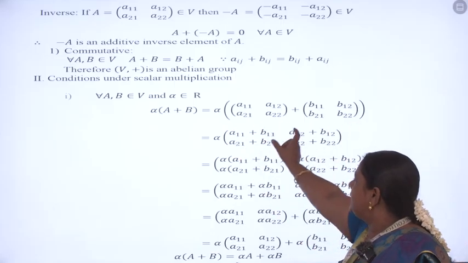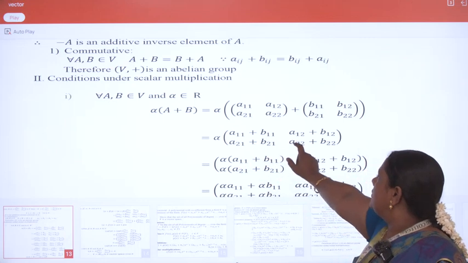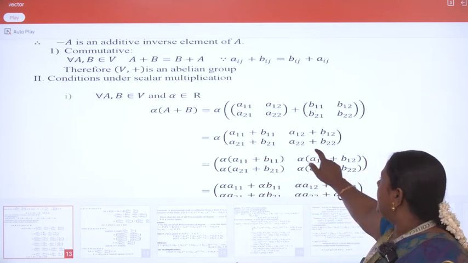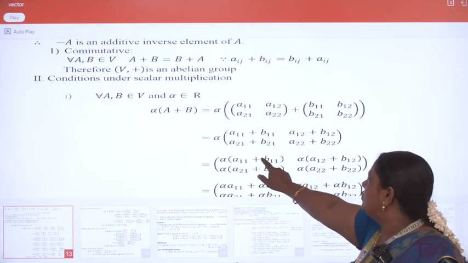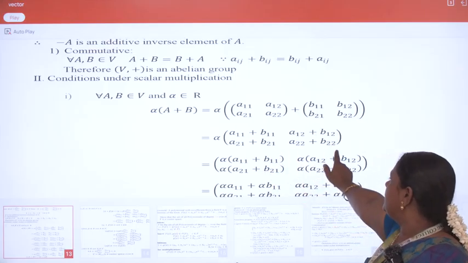Then add these two, we get a11 plus b11, a12 plus b12, a21 plus b21, a22 plus b22.